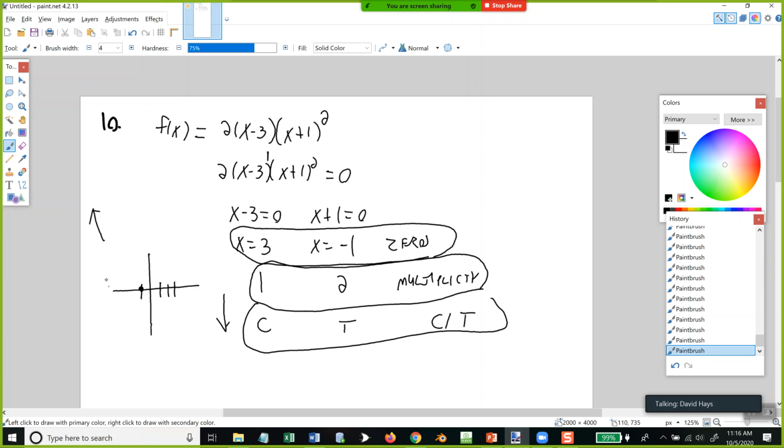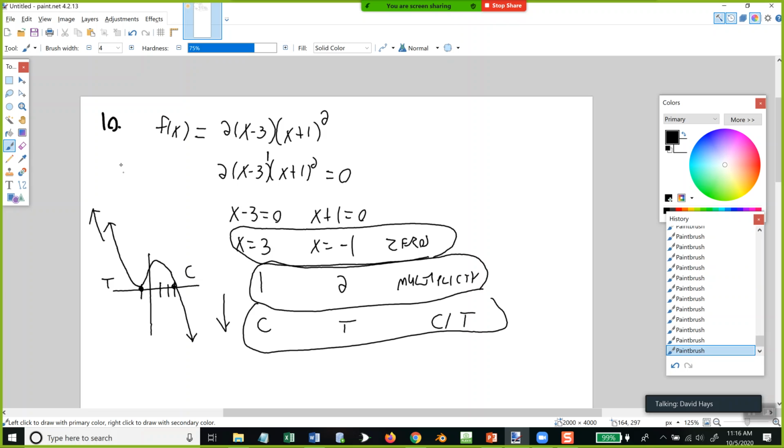So this is going to be a touch. At 3, it's going to cross. So that's going to be crossing. So if it's going up to the left, it's going to come down here. It'll touch at this point, turn around. And at some point, it has to turn back around because it has to come over here to cross.